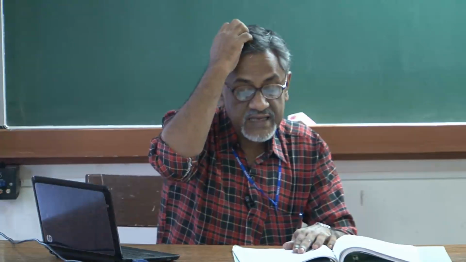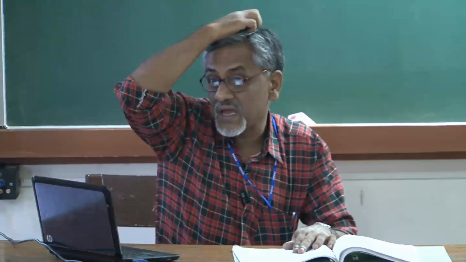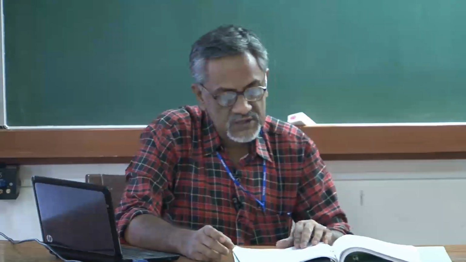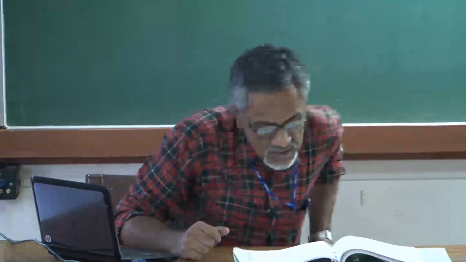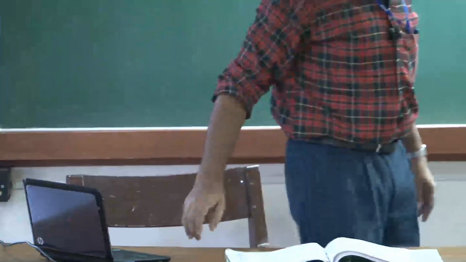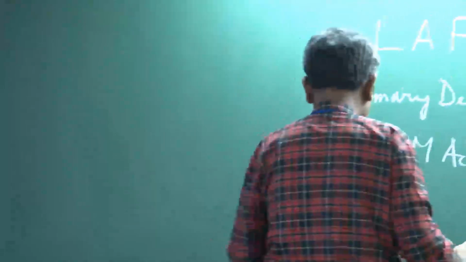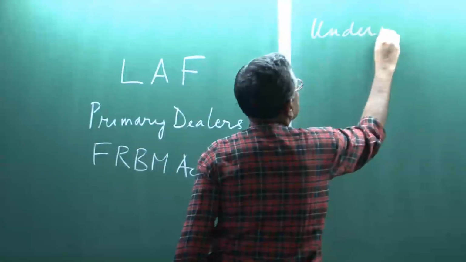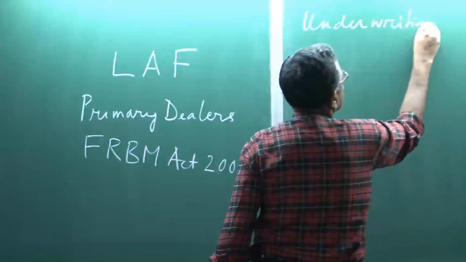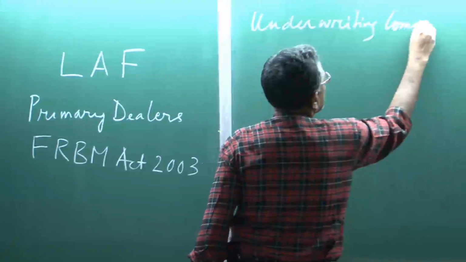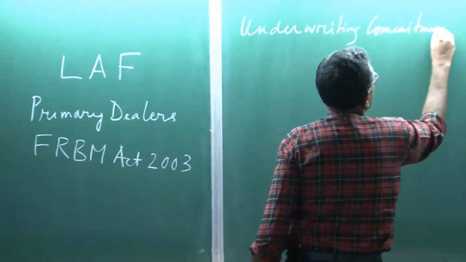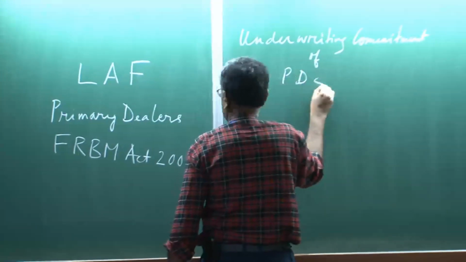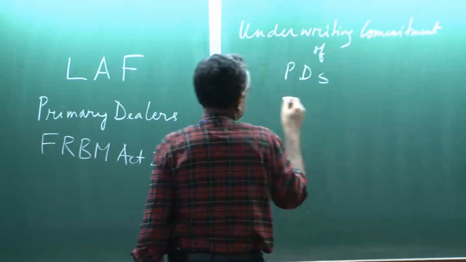The underwriting commitment of primary dealers since 2006, after RBI operations were stopped in the primary market, has 2 parts: minimum underwriting commitment and additional competitive underwriting. The underwriting commitment of PDs, primary dealers, is as follows.